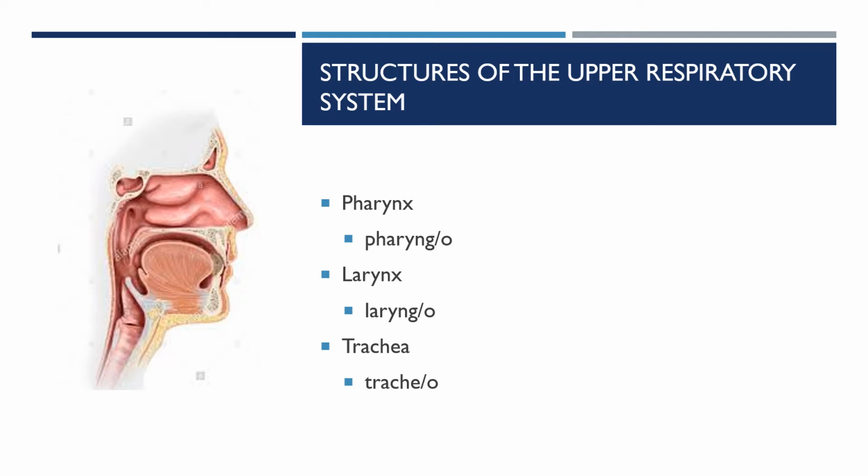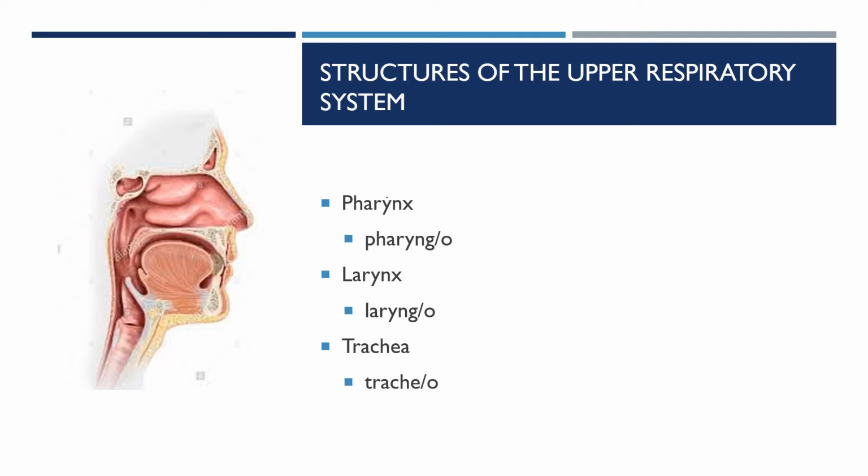Okay, so let's move further down in the upper respiratory system, and we're going to start looking at the mouth to throat area. So we'll start off with the pharynx. Pharynx, spelled P-H-A-R-Y-N-X. Some people misspell this a lot, and they flip the Y and the N at the end, but it's pharynx.